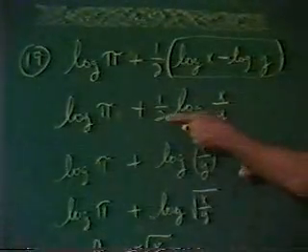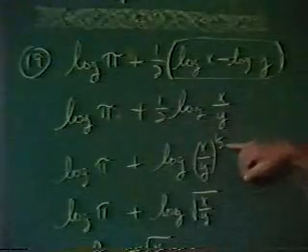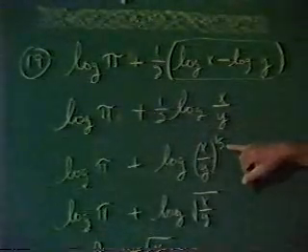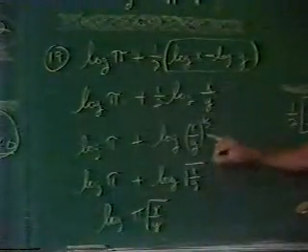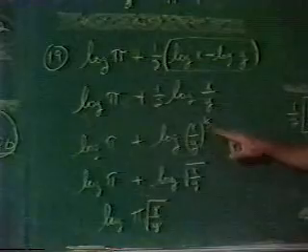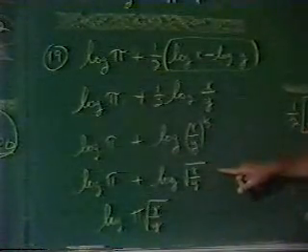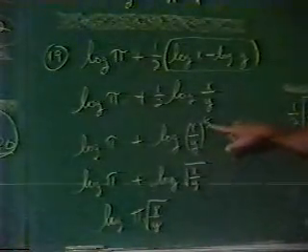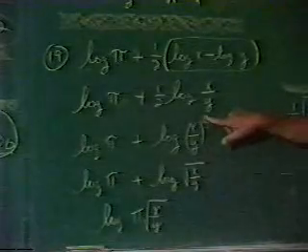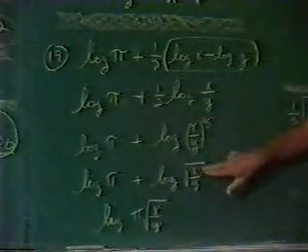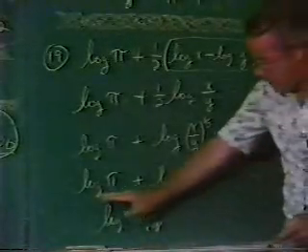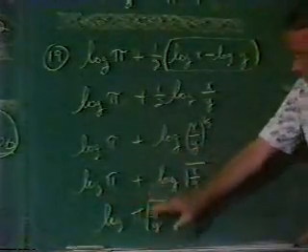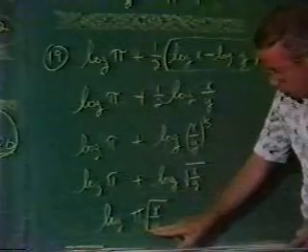So I'm going to take this power out in front and move it out here. Then the next step is simply trying to make you realize that this is the same thing. Okay? The 1/2 power is the same thing as square root, right? Square root is the second root raised to the first power. So it would be the second root raised to the first power. All right, then I can combine now. This log plus log is log multiplication.